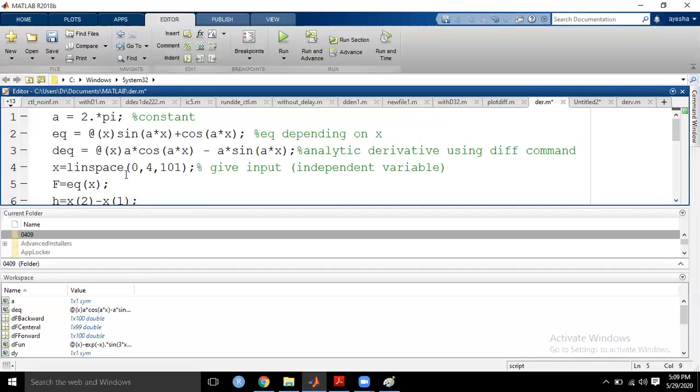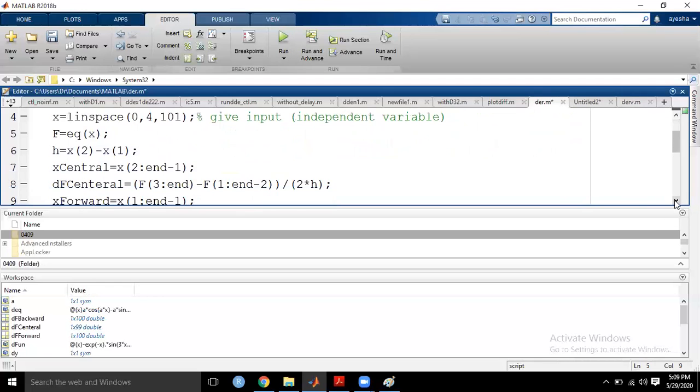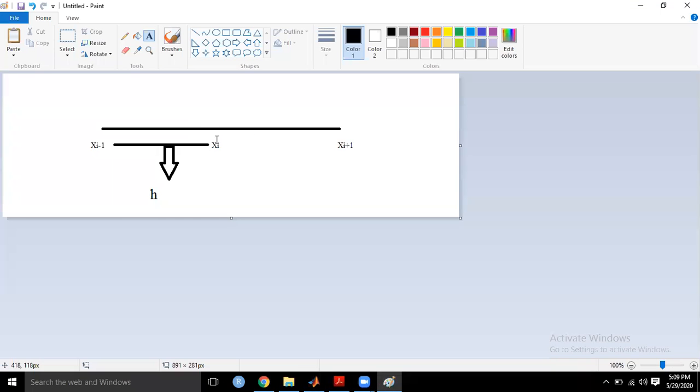I know that, but for better speed of computation, I have just given it a new name, capital F, right? Next, I have the step size h, which is x2 minus x1, just like this. The step size is always the upcoming point minus the previous point.